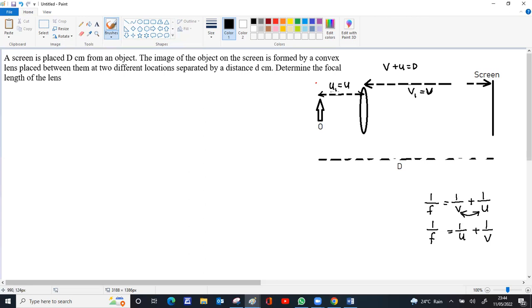First case, what is u and what is v? Second case, the lens can be placed in such a way that the image distance from lens to the screen is the object distance, and the object distance from object to the lens will be the image distance.